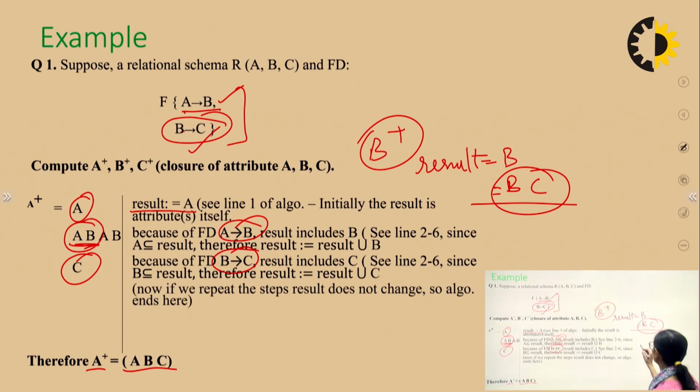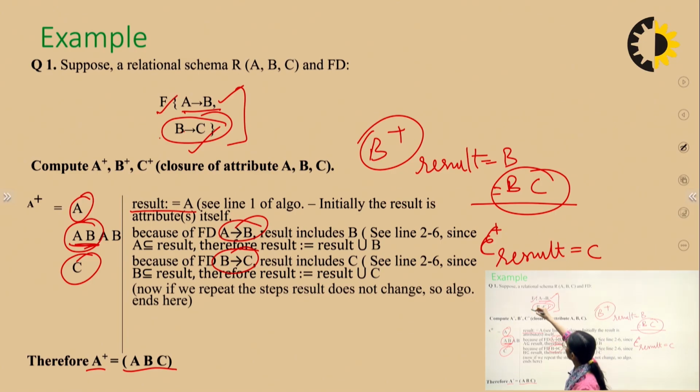Let's suppose we find out for C. So here the result part becomes C, and if I look at these two FDs, we are not able to include any right hand side part of my FD in this result set.